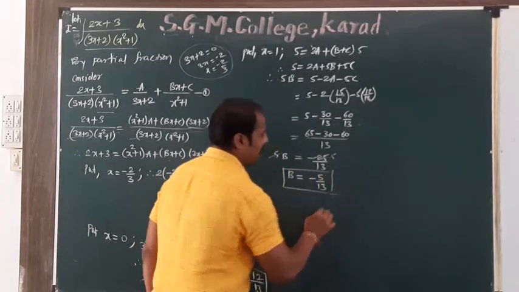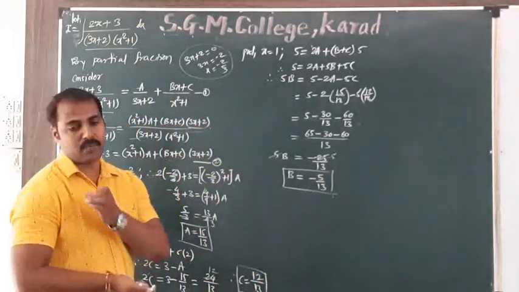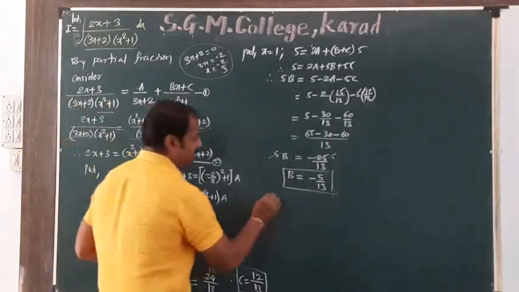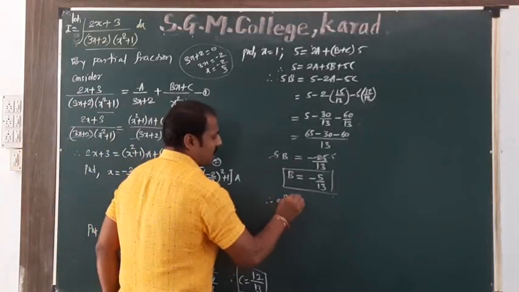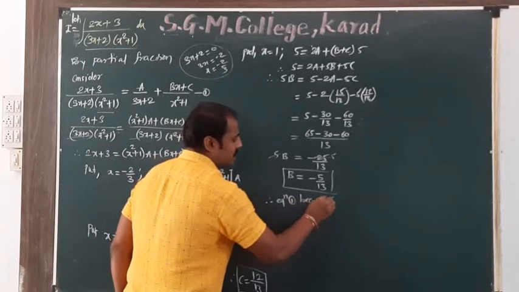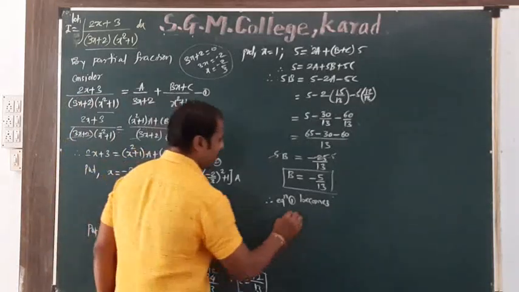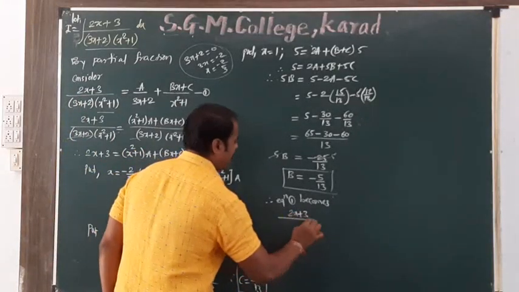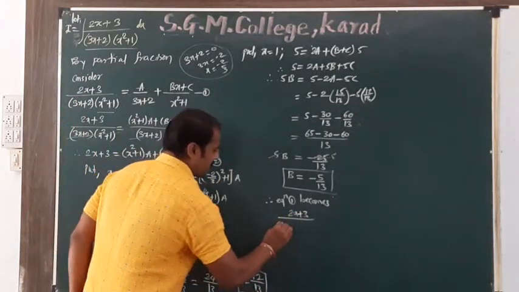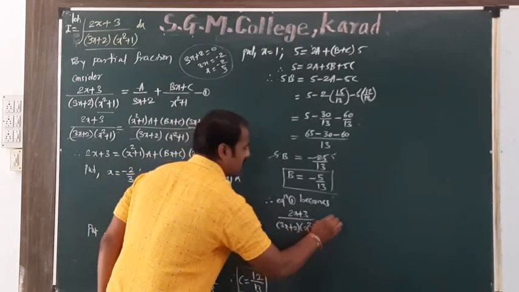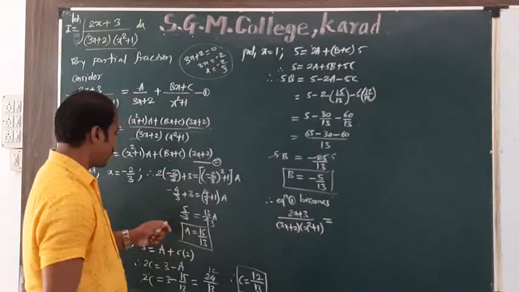Here we get the values of a, b and c. Therefore, equation 1 becomes, what do we write about equation 1? LHS is 2x plus 3 divided by, the denominator is 3x plus 2 into x square plus 1, is equal to a, what is a?